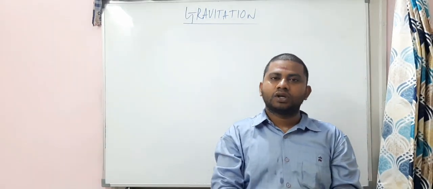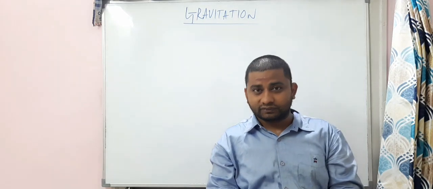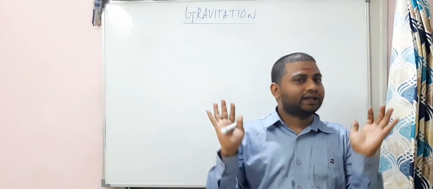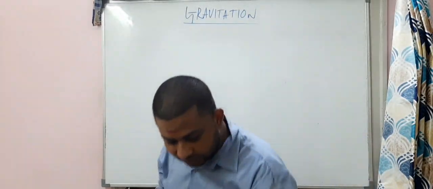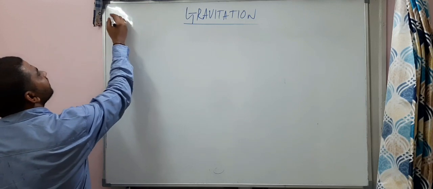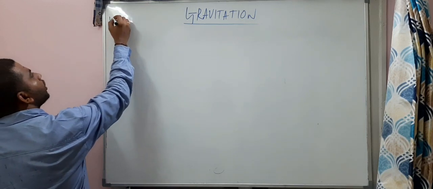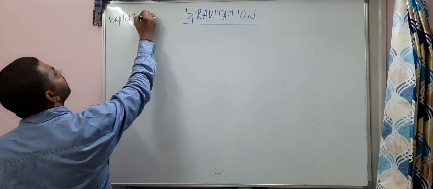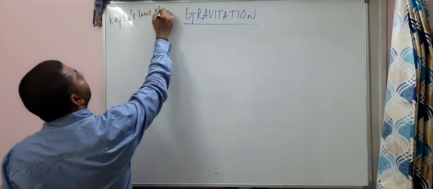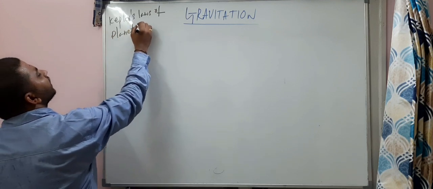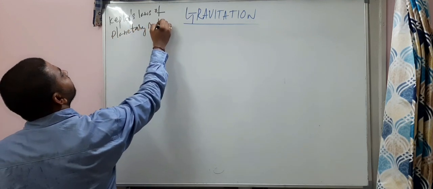After this chapter, the system of particles chapter will be there, which takes a little more time than this, right? So let's continue the gravitation chapter. The first thing we must learn in this chapter is Kepler's laws of planetary motion.